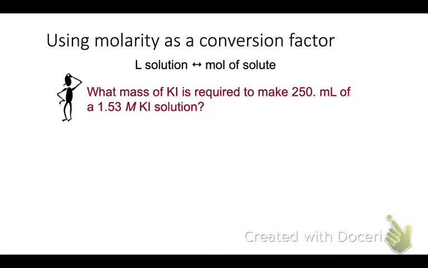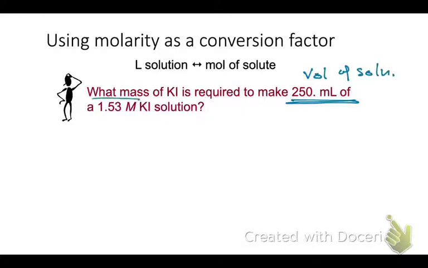So let's look at this question. What mass of potassium iodide is required to make 250 milliliter of a 1.53 molar potassium iodide solution? All right. What I want you to figure out here is what you have. This here is volume of solution.